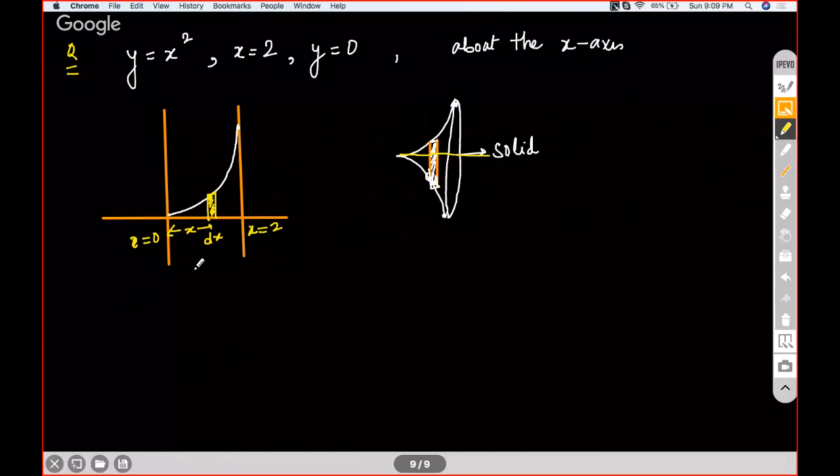Any idea? Just a second. For one second. So is it 176 pi by 3?